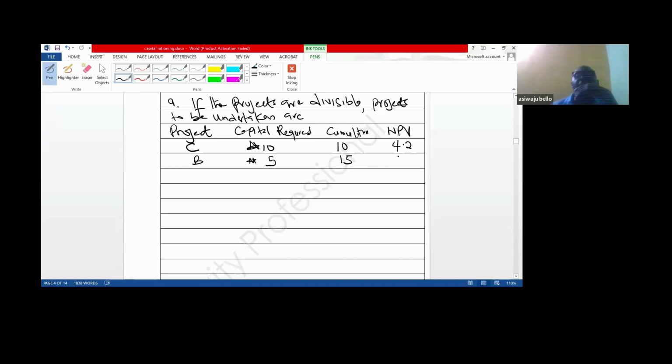For project B, 2 million. We now come to project A. Remember, the amount available is 20 million. Out of 20 million, we have spent 15 million.